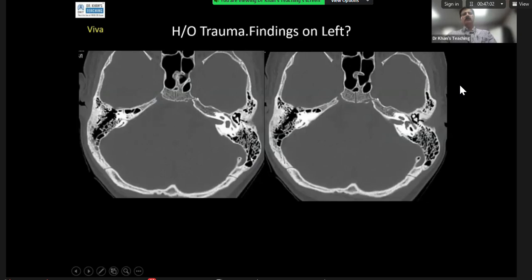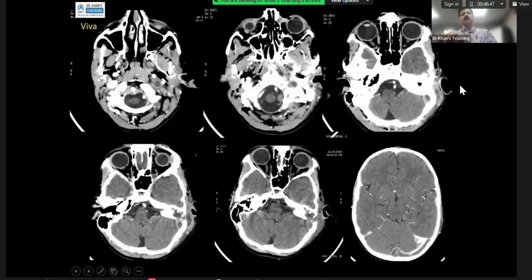Ossicles-wise, I think the malleus and the incus are dissociated. Yes. So incudomalleolar dislocation. Yeah.